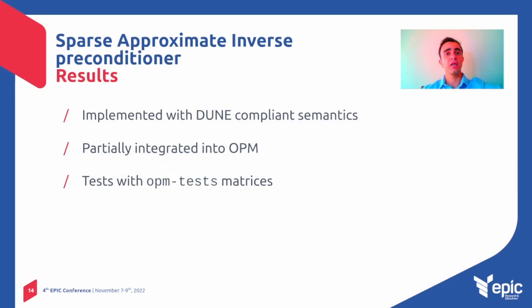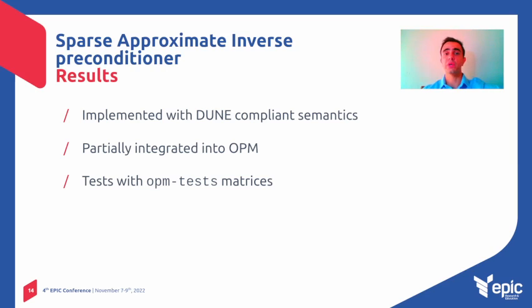So here I start to show the results that I got working with the SPAI preconditioner in OPM, or with OPM derived matrices. I implemented this preconditioner based on Dune, so it has Dune compliant semantics. What I mean by this is that it employs a lot of STL C++ functionalities, and also metaprogramming. I have implemented this as a Dune module.